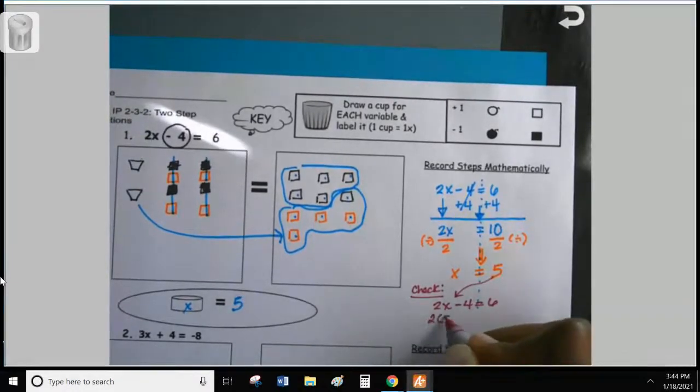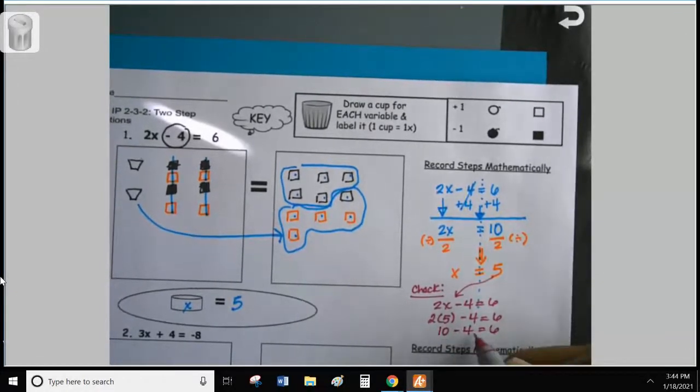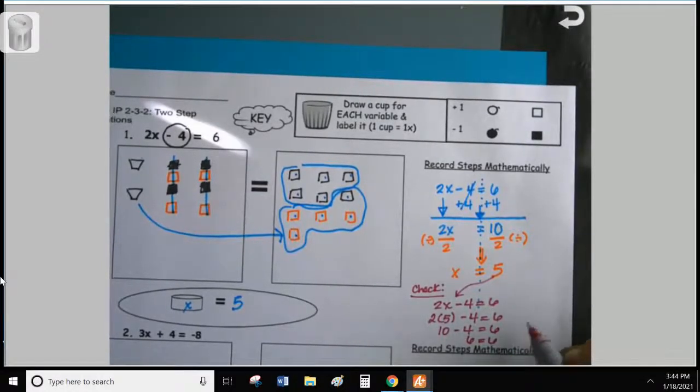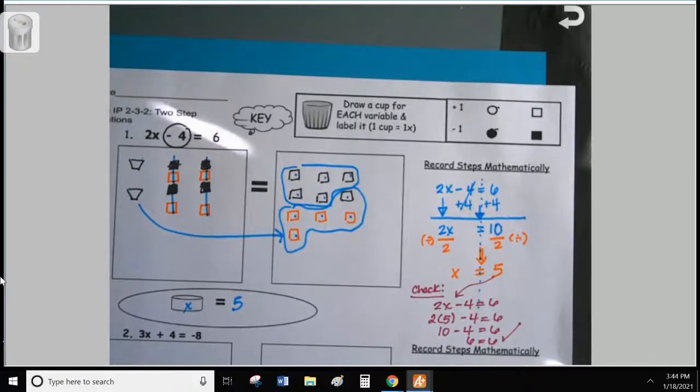So 2 times 5 minus 4 equals 6. Hopefully you know that 2 times 5 is 10, minus 4. 10 minus 4 is 6, equals 6. Are those the same? Are they equivalent? Yes. So that's how you can check your answer by substituting in the 5 for x in the problem.